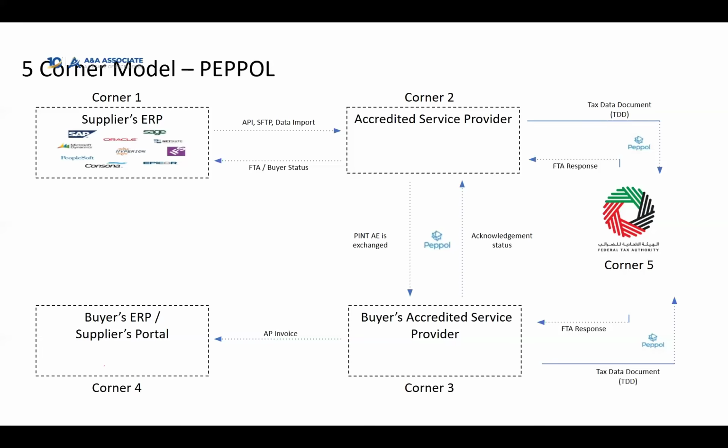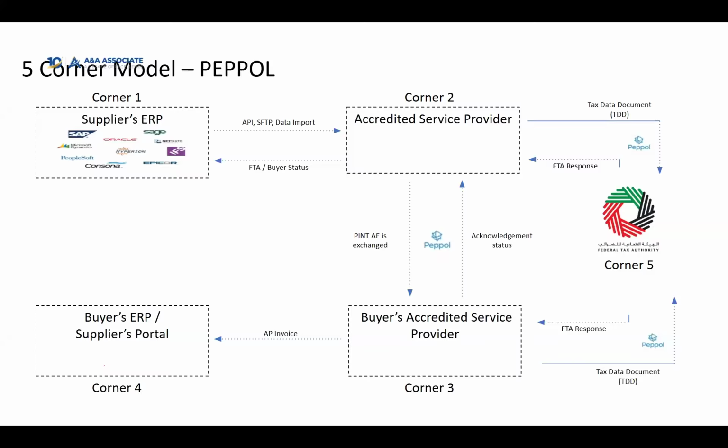And if all the information listed out in the invoice is validated, they will send a message level status, that means a successful acknowledgement to the supplier's ASP that yes, the invoice received is duly correct as per the rules and regulations laid out.